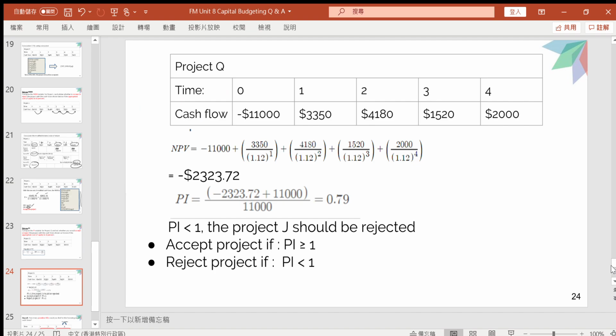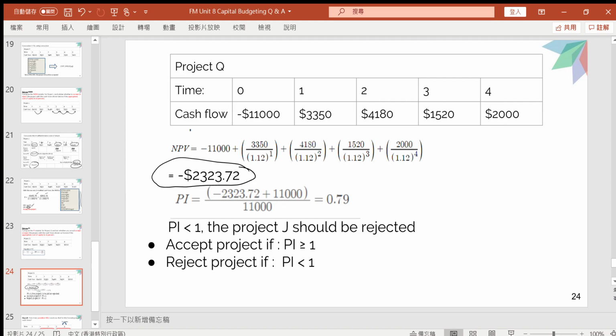Okay, after we have worked out the net present value of this cash flow, that will be equal to negative 2,323.72. Then we will make use of the profitability index formula. We'll substitute this negative net present value into the formula, add up with the initial investment amount 11,000 over 11,000.